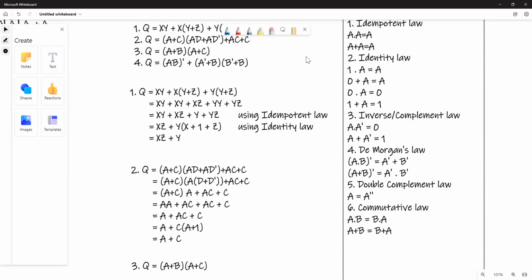Yeah. So do you remember what you mean by distributive law? If we have like A dot B plus C, we can say AB plus AC.